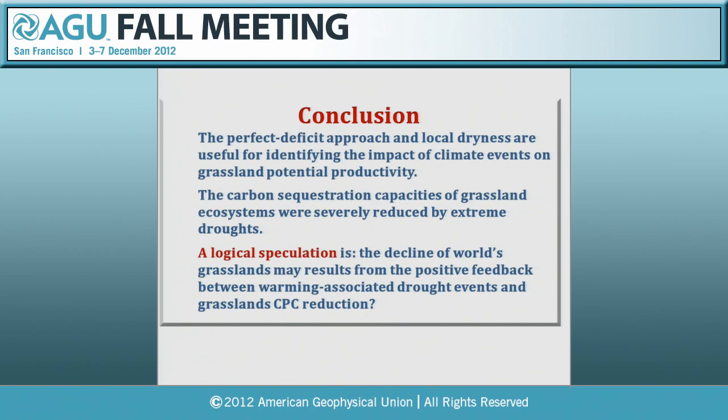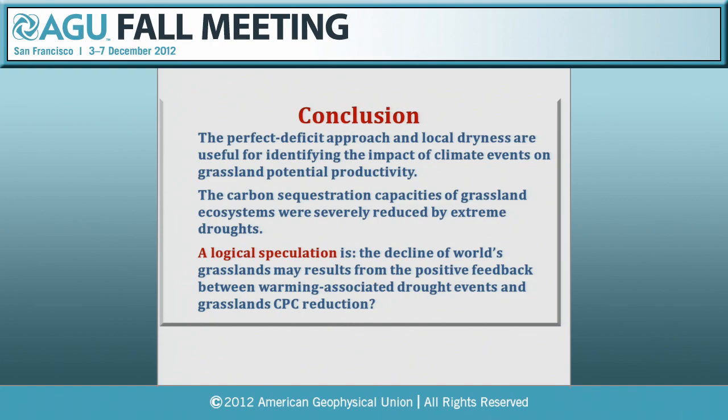The carbon sequestration capacity of grassland ecosystems is severely reduced by extreme droughts. And this is just logical speculation.